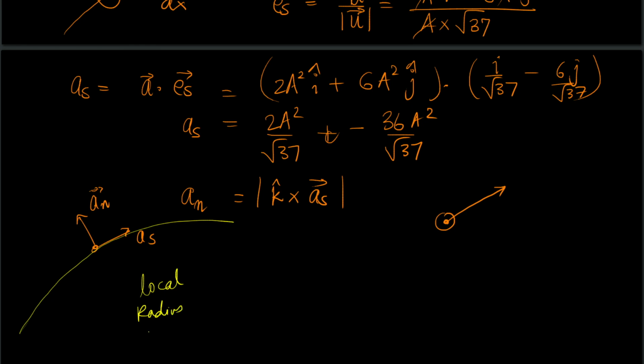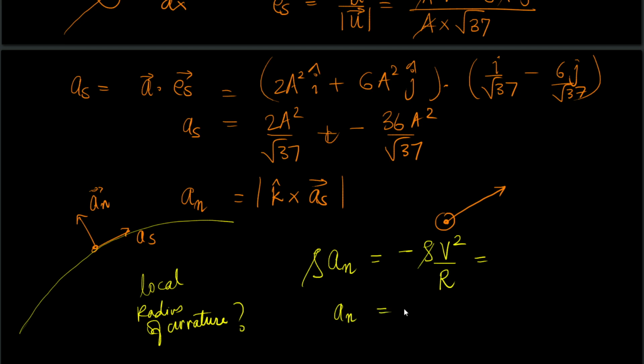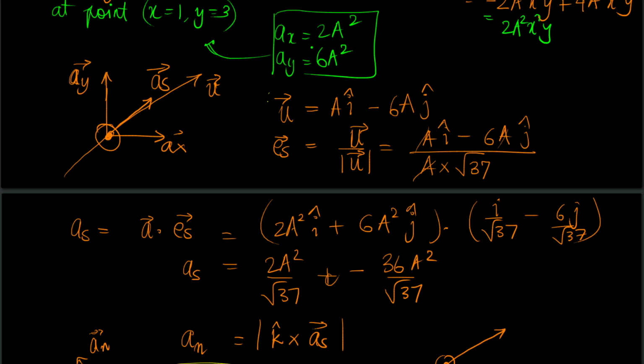We make use of the fact that the normal acceleration times rho is equal to minus rho v square upon the local radius of curvature. The rho we can cancel out. So the normal component of acceleration equals minus v square upon r. The velocity can be found out from here.